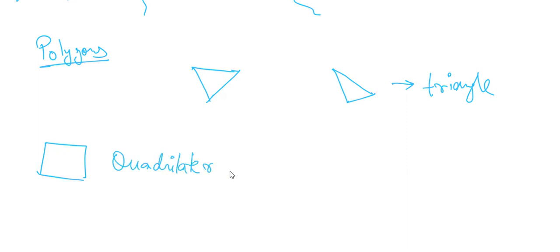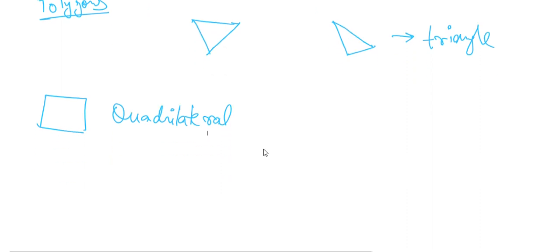These are basically the naming conventions you would be remembering for your tests and exams. These are just generalizations of my polygons: this is three-sided, this is four-sided. Similarly, I have a five-sided polygon, since it is five, it is a pentagon, a general pentagon.